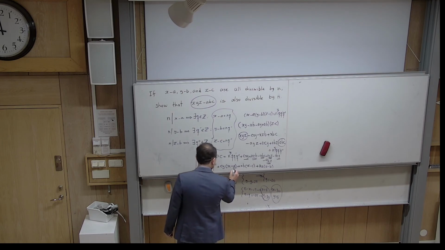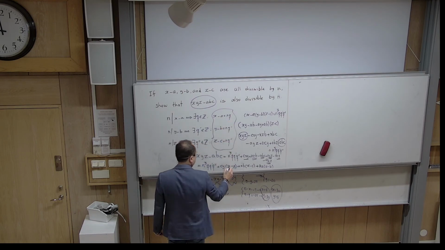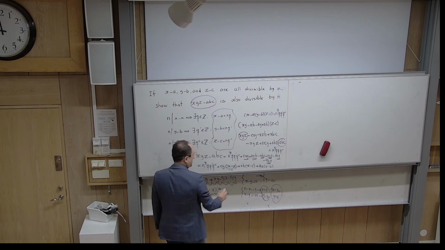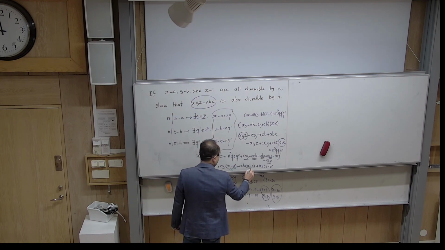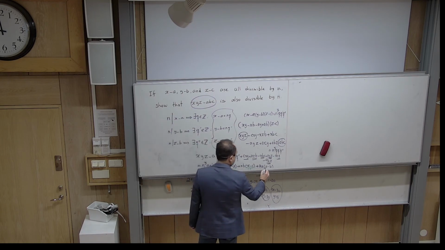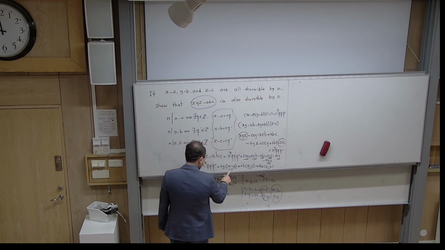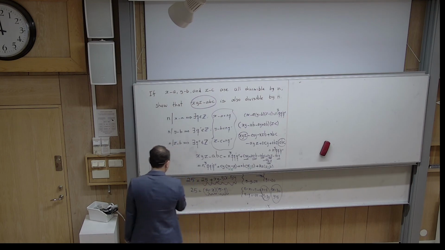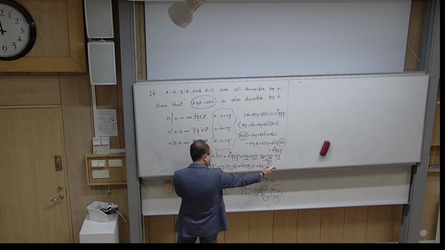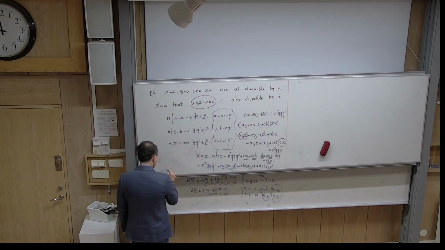So this one is nq. This one is nq''. This one is nq. N, n, n, n. So I can factor an n out, and then that would be a big garbage here. I can call it q.